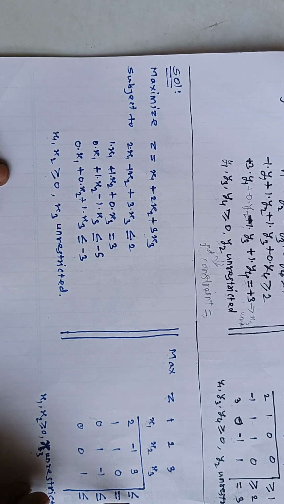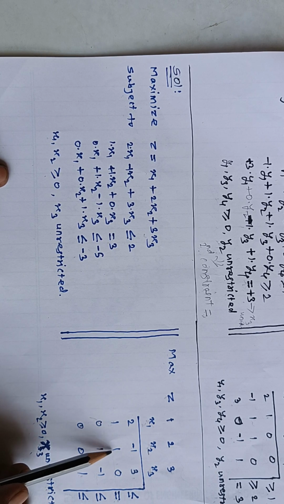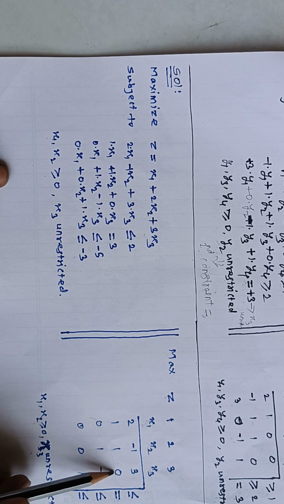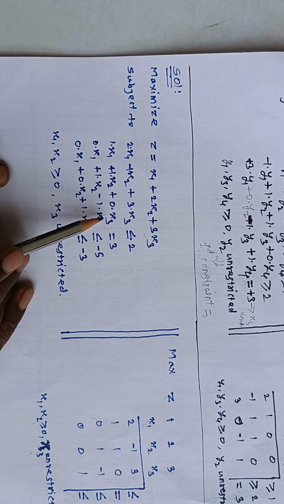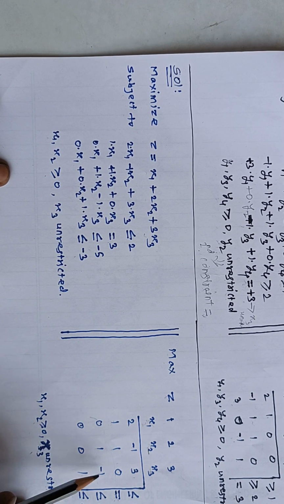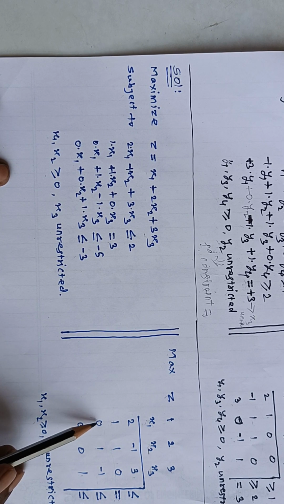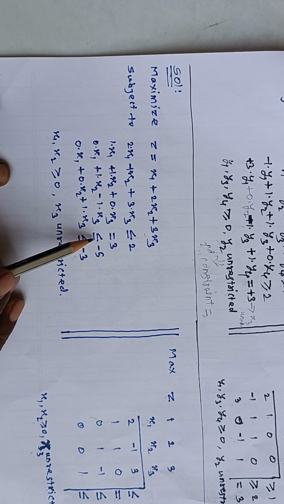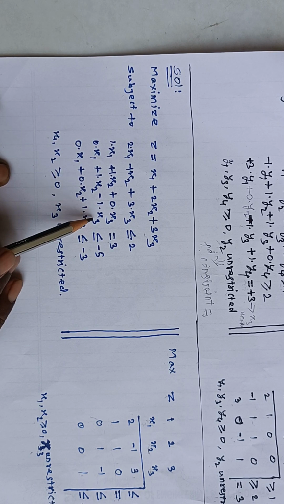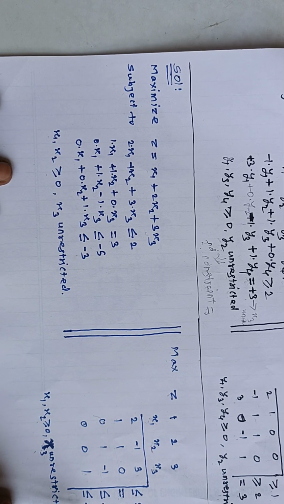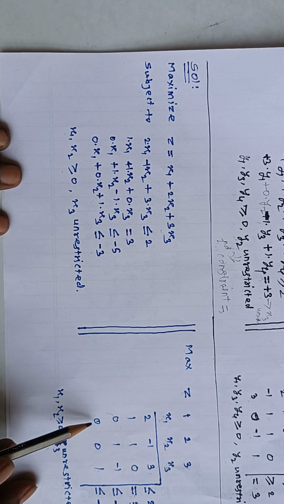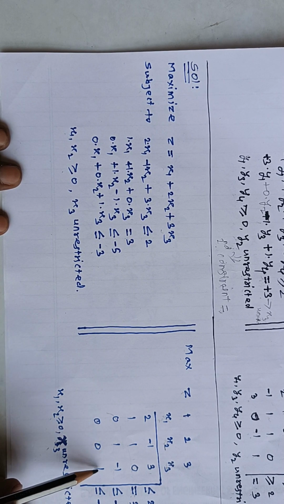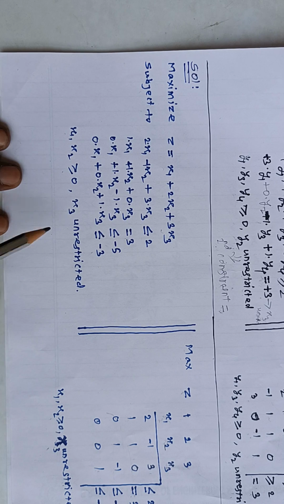The second constraint will be 1x1 plus 1x2 plus 0x3 is equal to 3. Then the third constraint of dual will be 0x1 plus 1x2 minus 1x3 less than or equal to minus 5. And the fourth constraint will be 0x1 plus 0x2 plus 1x3 less than or equal to minus 3.